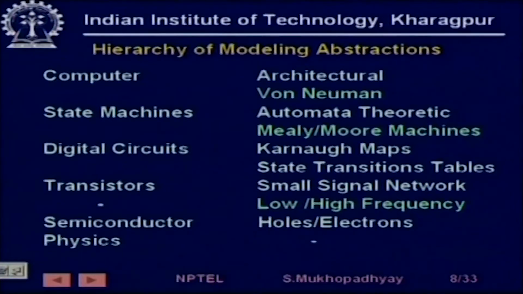Again, transistors are made up of semiconductors. Semiconductors have physical models: electrons, holes, energy bands. But you obviously will not describe a state machine as a set of transistors.